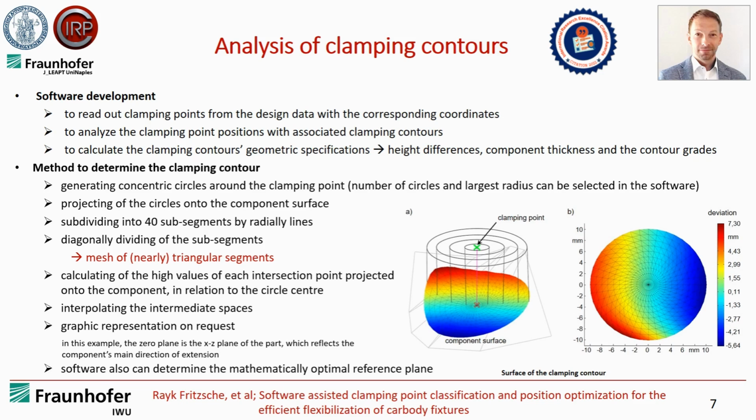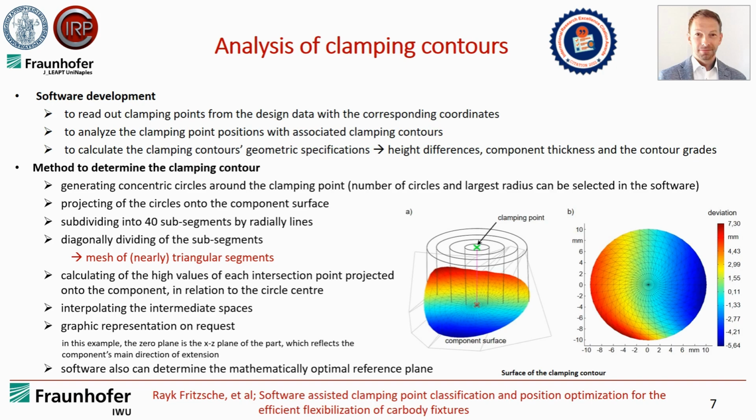After that, the height values of each intersection point projected onto the component are calculated relative to the circle center, and the intermediate spaces are interpolated. After that we get a graphic representation on request, like shown in the picture.